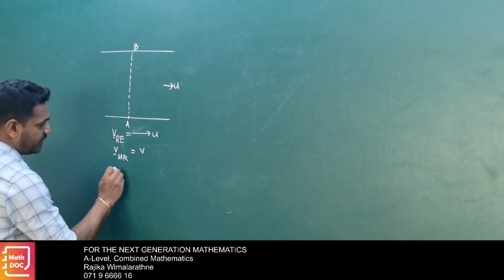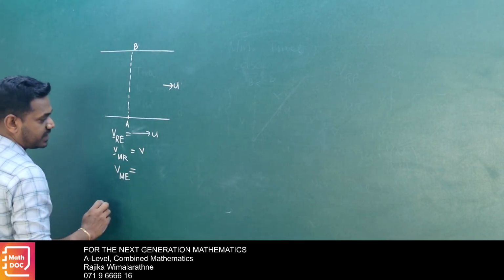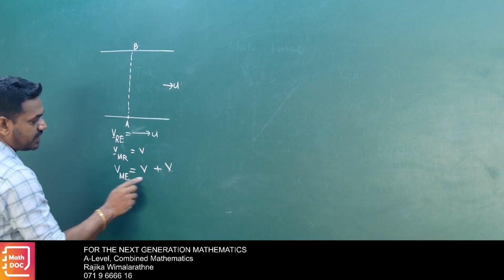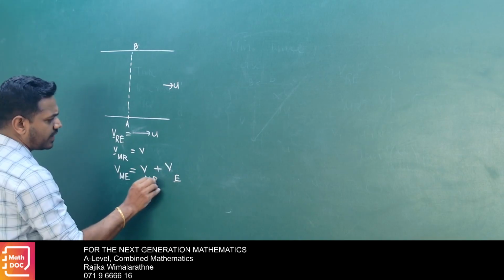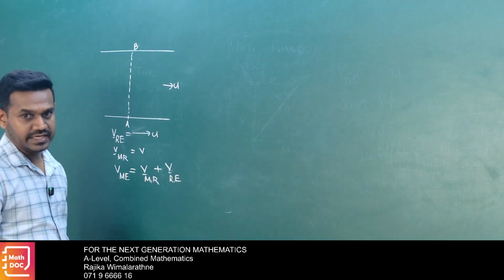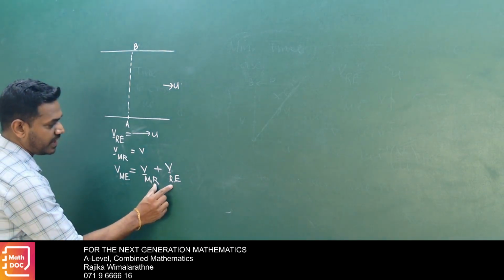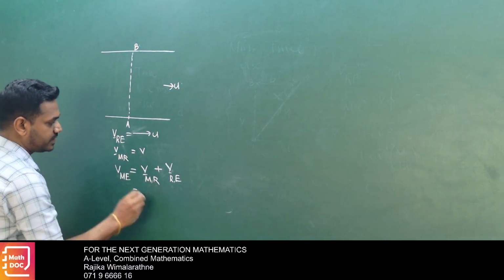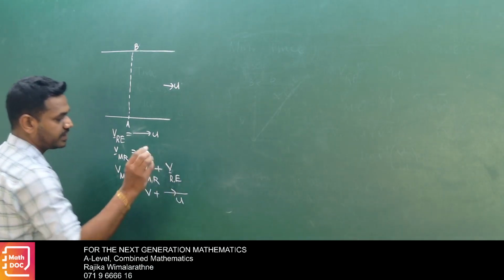Now, velocity of man with respect to earth. Write the relative velocity theorem, that is the addition of two velocities. Start with m, end with e, and you put a common r here. This is called the relative velocity theorem, which is again the triangle law of vector addition. So start with m, end with e, common r in between. Then rm is v, er is u.